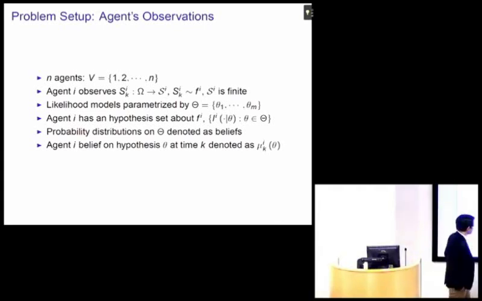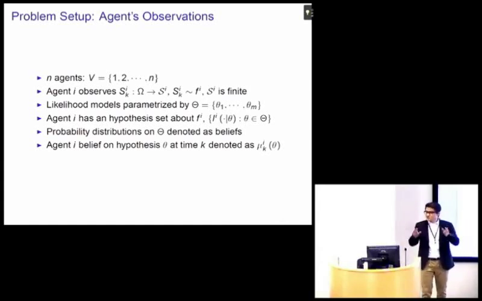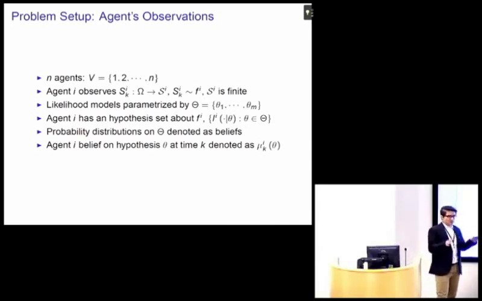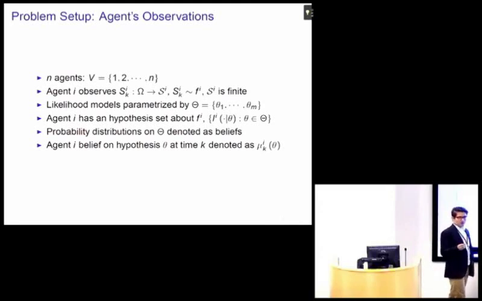But what we have is a model. We somehow know that if an attack is happening, the probability distribution of this attack should look like this, or if a traffic jam is happening, the distribution looks like that. So each node on its own has models about hypotheses of what's going on.